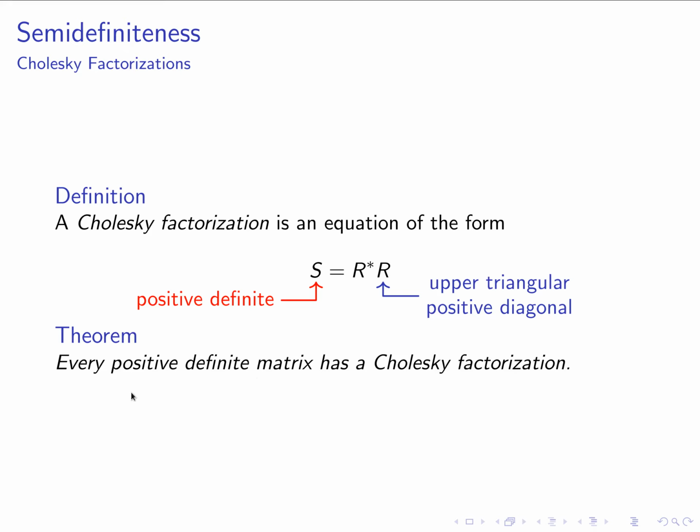So one major theorem in computational linear algebra says that every positive definite matrix has a Cholesky factorization. So it turns out to always be possible to take a positive definite matrix and represent it as the Gramian of a matrix R, where R is upper triangular with a positive diagonal.